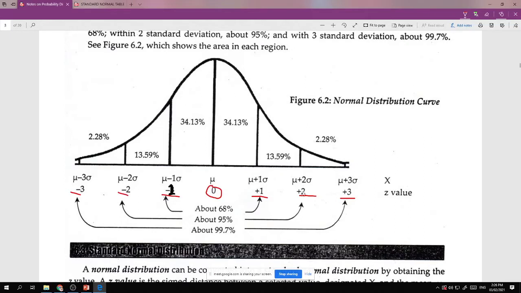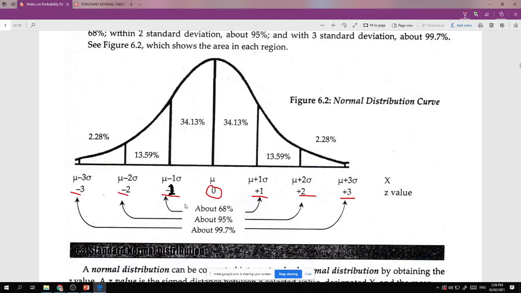From positive 2 to positive 3, that is 2.28%. Same thing going to the other side. From 0 to negative 1, it's 34.13%. From negative 1 to negative 2, that's 13.59%. From negative 2 to negative 3, that is 2.28%.